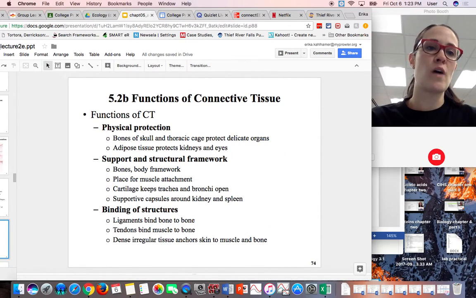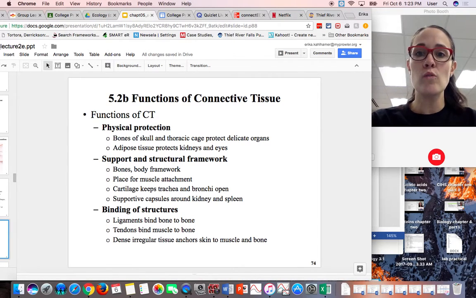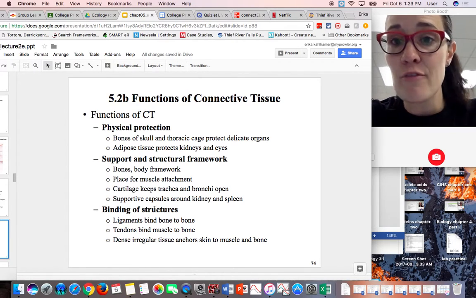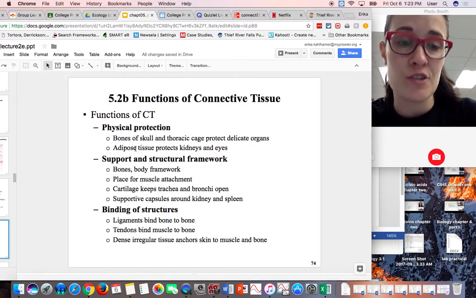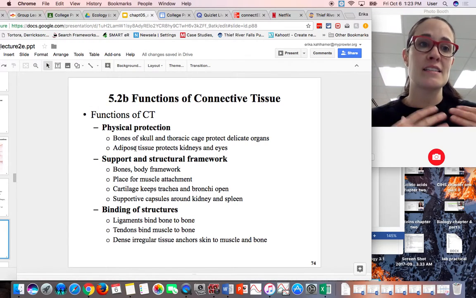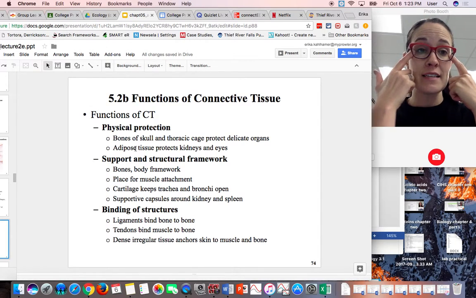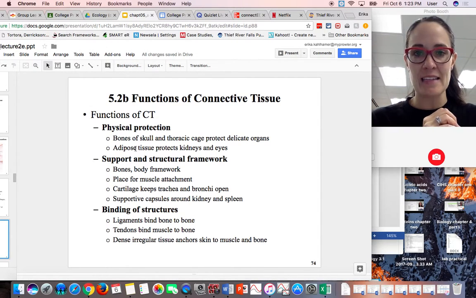The functions, why do we need connective tissue? Physical protection. Your bones, which are a connective tissue, protect organs. Your fat, which is a connective tissue, adipose tissue, protects your kidneys. Your kidneys are surrounded by fat. Your eyes in your eye socket are surrounded by fat.